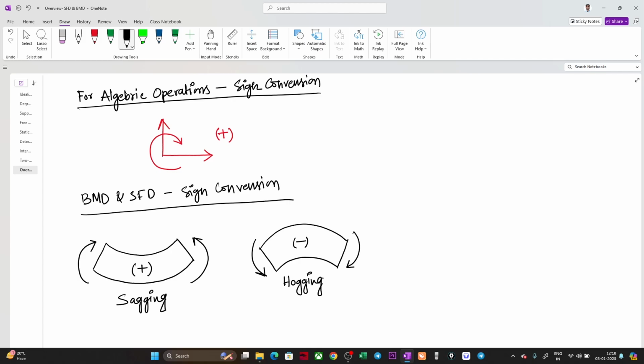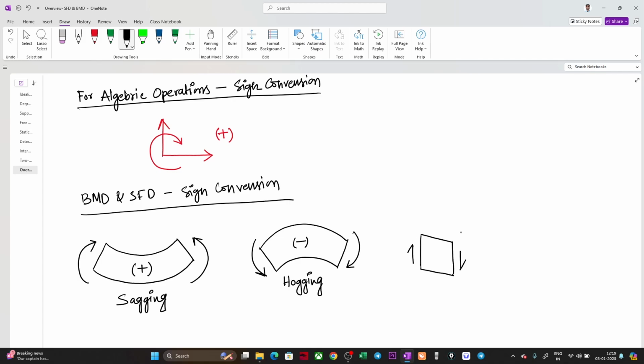So any positive value of bending moment we will consider as sagging, and any negative value of bending moment will be considered as hogging, right? And in the case of shear force, suppose this is the section and we are getting a shear force couple which is clockwise.